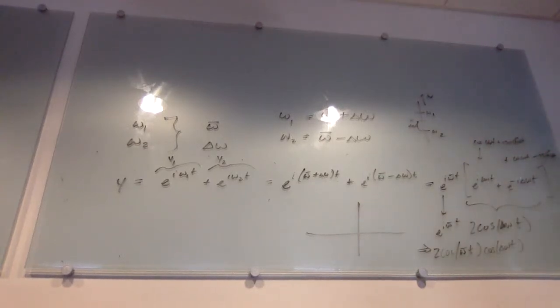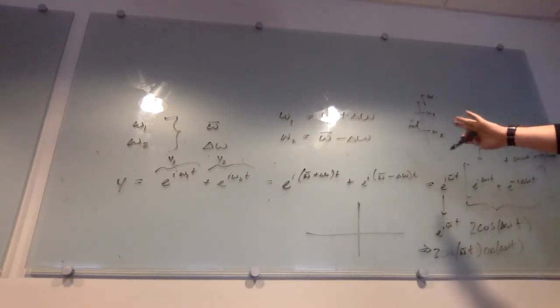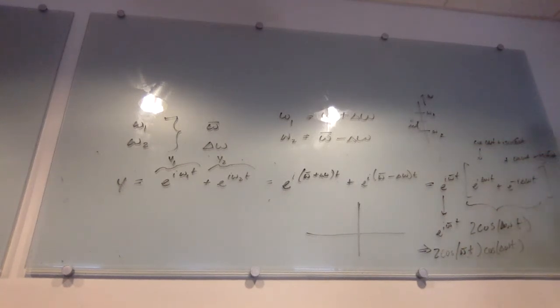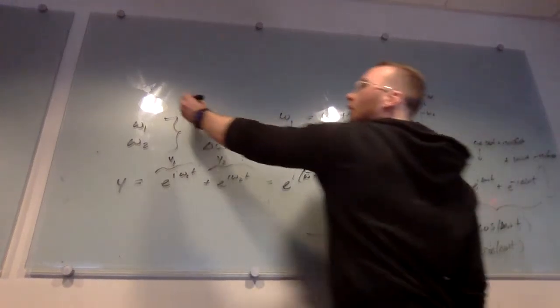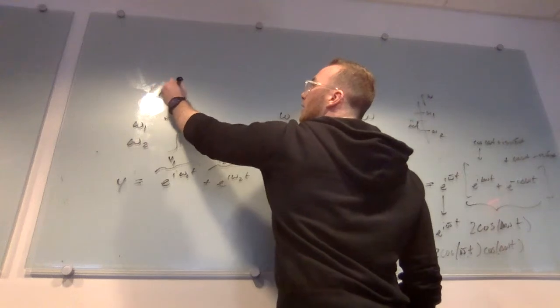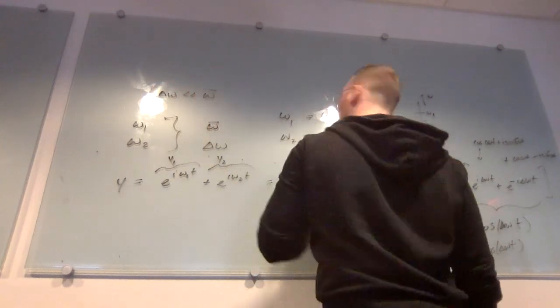Remember, if these were very close together, that's usually when we talk about beats. So if omega 1 and omega 2 are very close, that means that omega bar is a large number, like let's say they're in hundreds of hertz or whatever, right? But delta omega is going to be very small. So usually delta omega is very small compared to omega bar.